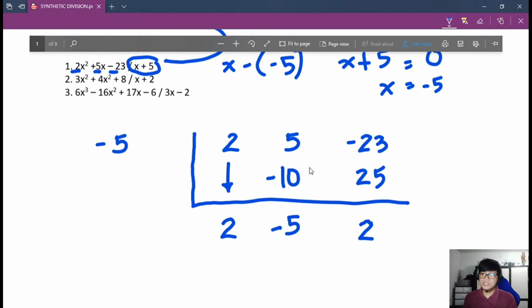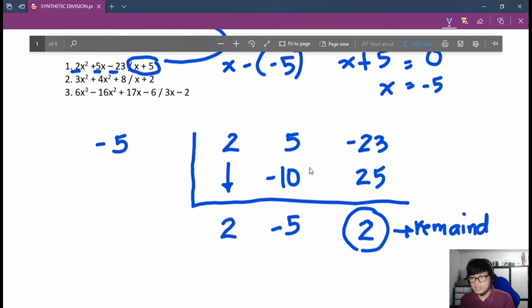So the last number in the process, itong pinaka-last, is our remainder. And these two numbers are our quotient.